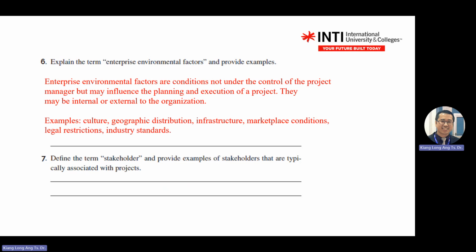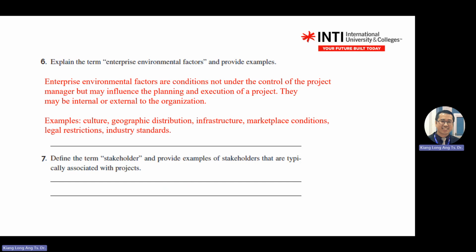This one differs from country to country. If you work in the US, some states will be different from other states. Texas law will be different from California law and so on. Industry standards and all this.